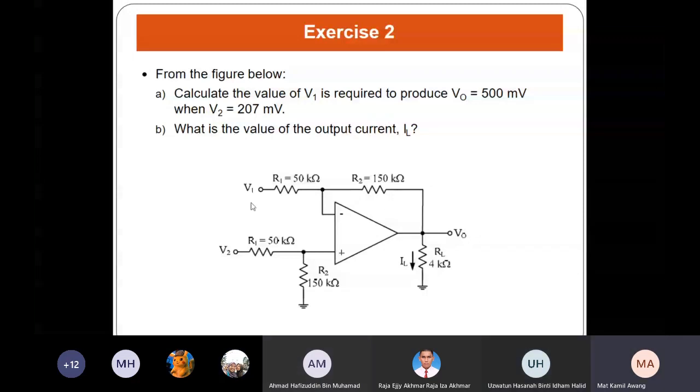Basically, this is the difference amplifier, where the ratio is what? V1 and V2, and then only we use the difference.